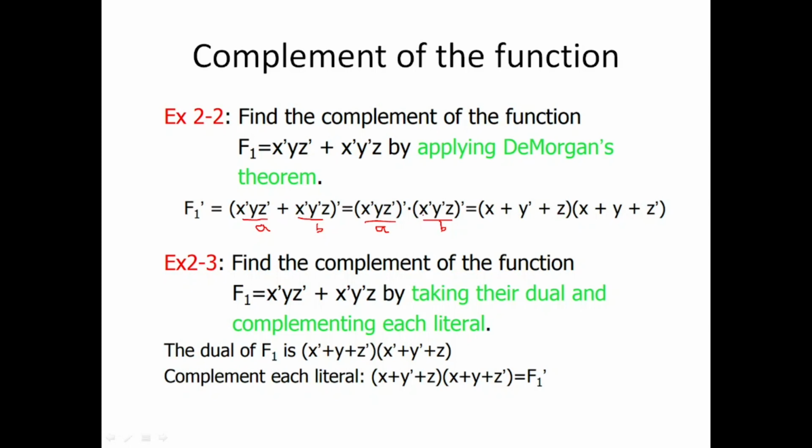And for the other term, again we apply De Morgan's theorem: (x')' is x, this dot becomes plus, and (y')' is y, plus z'.